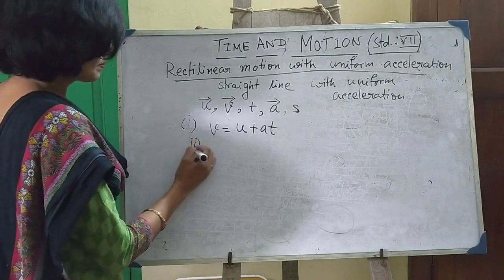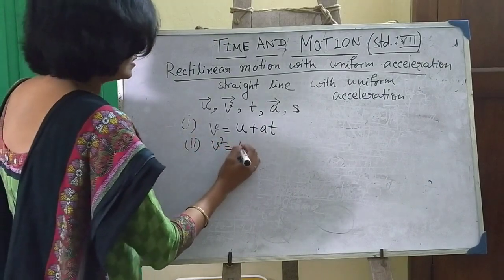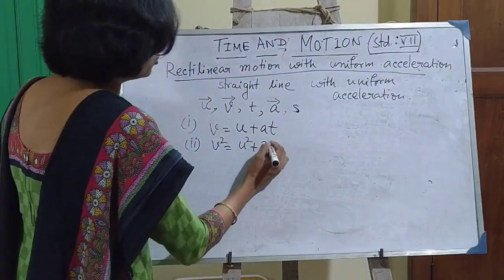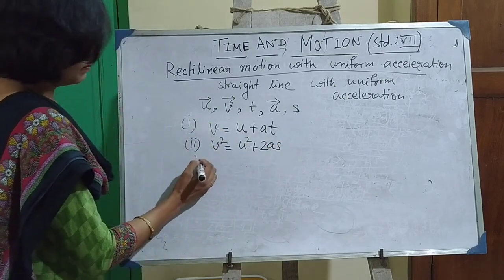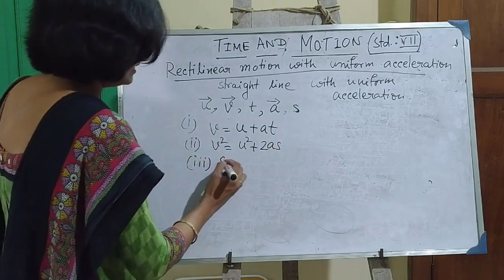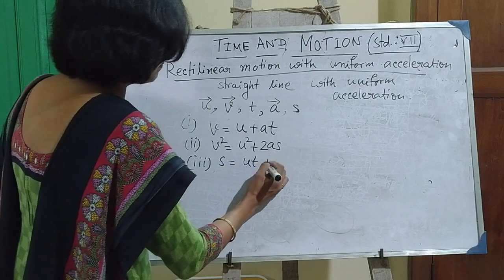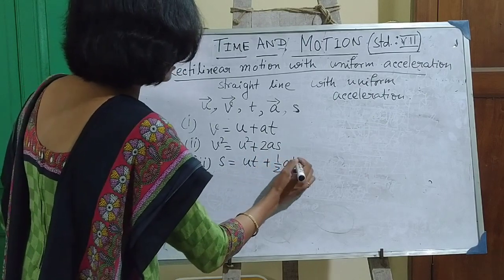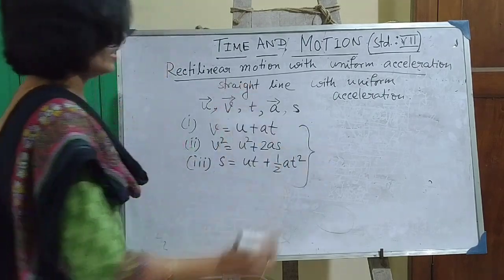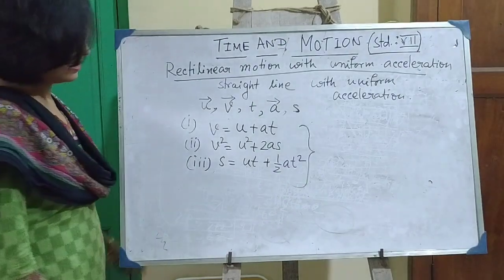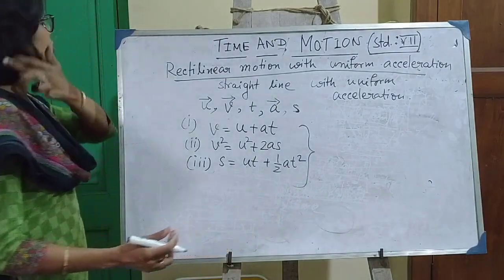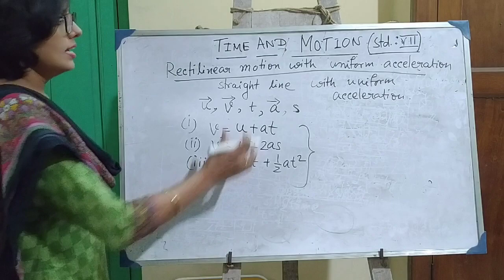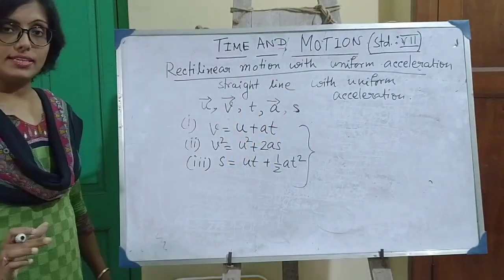Number 2, v square is equal to u square plus 2as. Number 3, s is equal to ut plus half at square. These three relations are known as equations of motion of a body which is moving in a straight line with uniform acceleration.